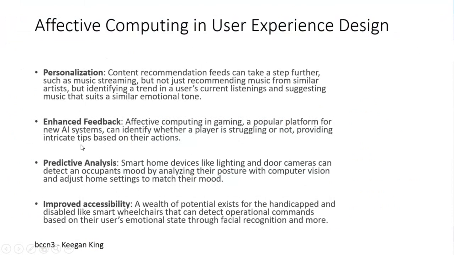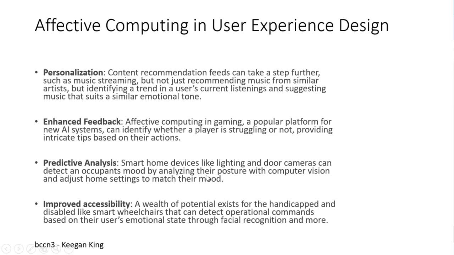Now, enhanced user feedback is also very important. For example, in gaming experiences, a popular platform for new AI systems, the system can identify whether a player is struggling or not and provide interactive tips based on their actions. So it can measure your gameplay and see what kind of person you are. Also, there's predictive analysis.